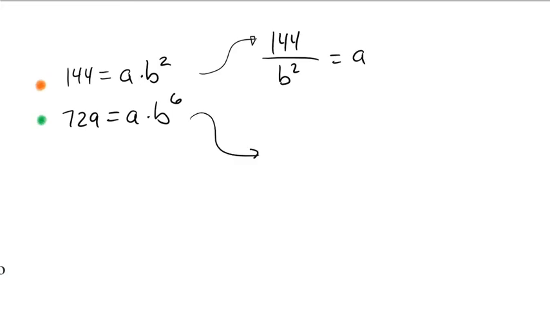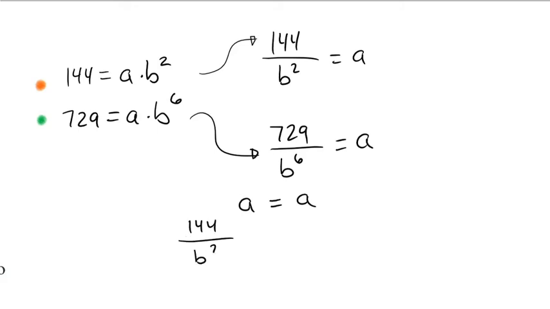And the second equation is going to become 729 divided by b to the 6th power equals a. Well, in the context of this problem, it is the case that a equals itself. So I can say 144 divided by b squared is equal to 729 divided by b to the 6th power. Isn't that fun?